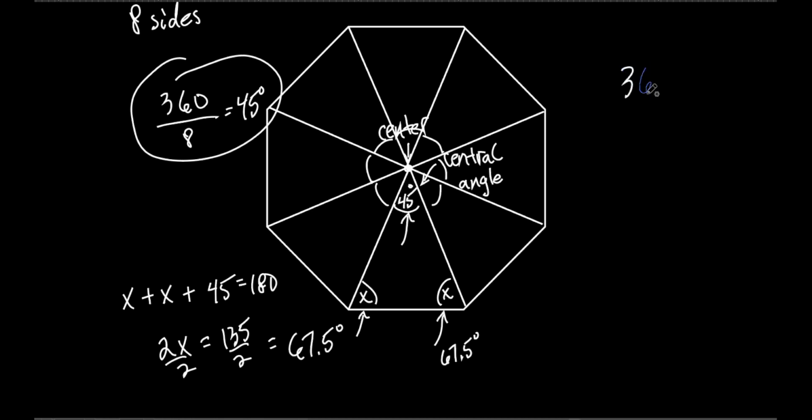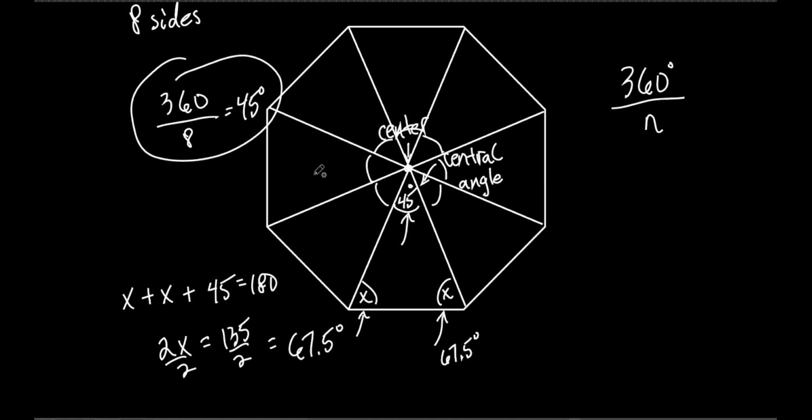You're going to take 360 degrees, divide it by what? Let's say it was a hexagon. What would you divide it by? 6. What if it was a decagon? What would you divide it by? 10. Okay? So what if you don't know how many sides? We call it n. We usually call it n number of sides. So it would be 360 divided by n. So that gives you the central angle for any regular polygon.